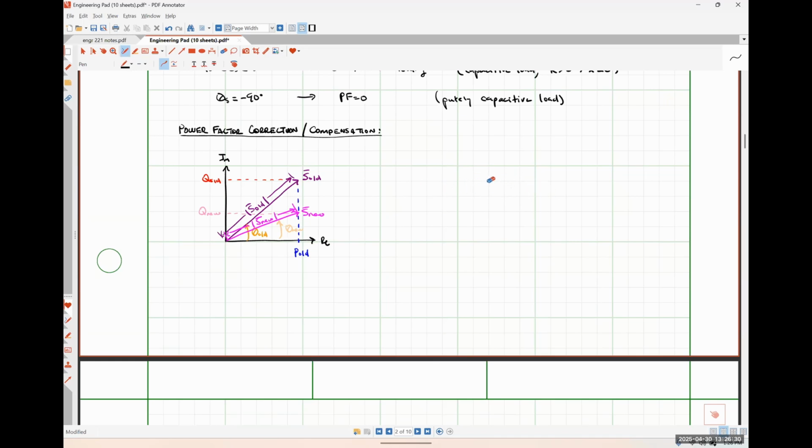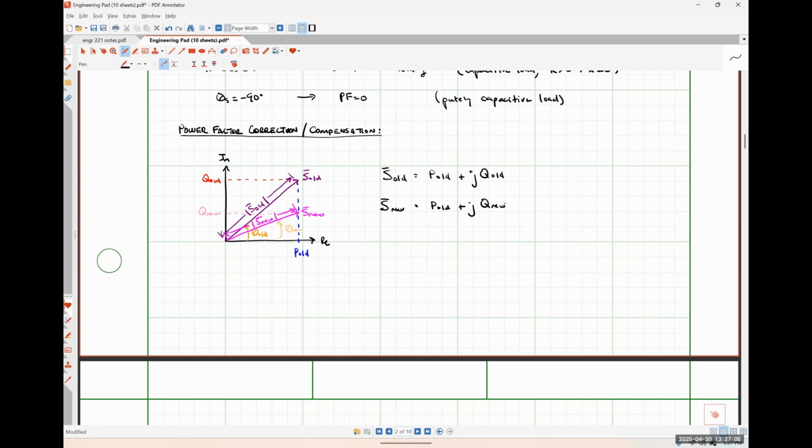So mathematically, essentially what we have is a situation where S old, our complex power prior to power factor correction, is equal to P old plus j Q old. And after power factor correction, we have P old plus j Q new.